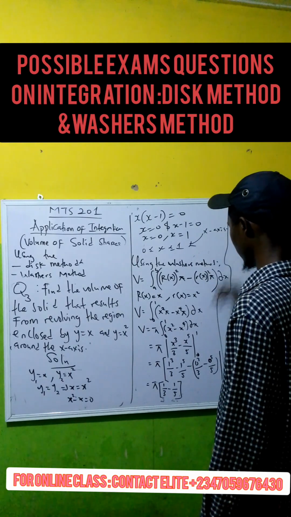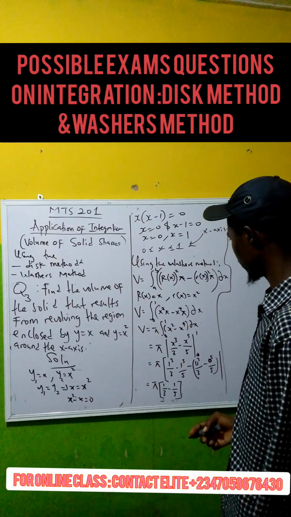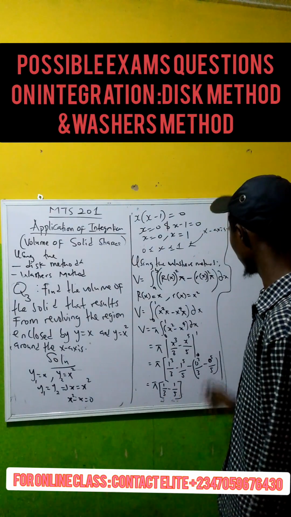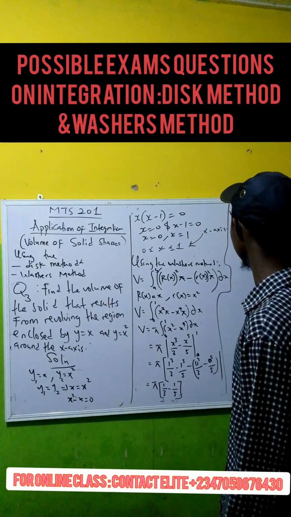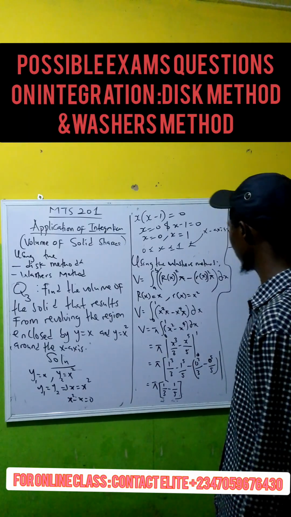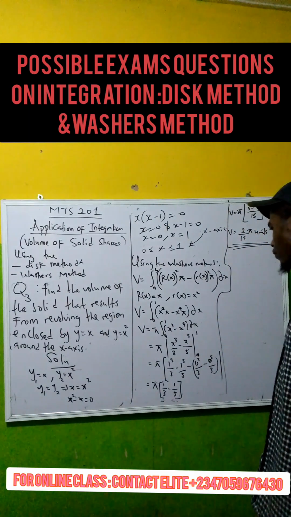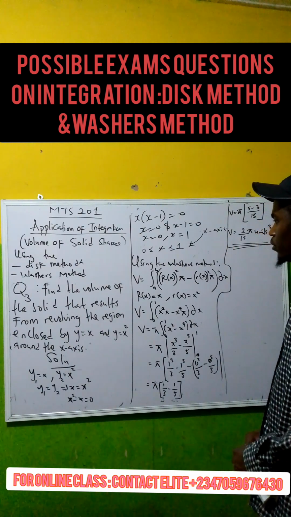So that is 2 over 15 pi units cube. You can see this is clearly our answer. So we have satisfied the washer method.